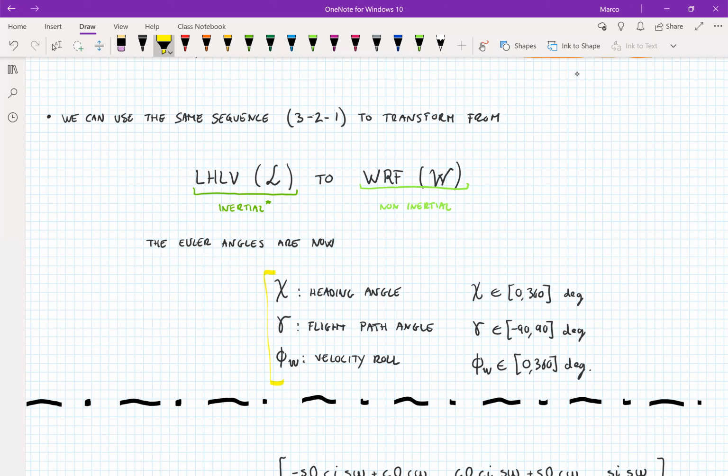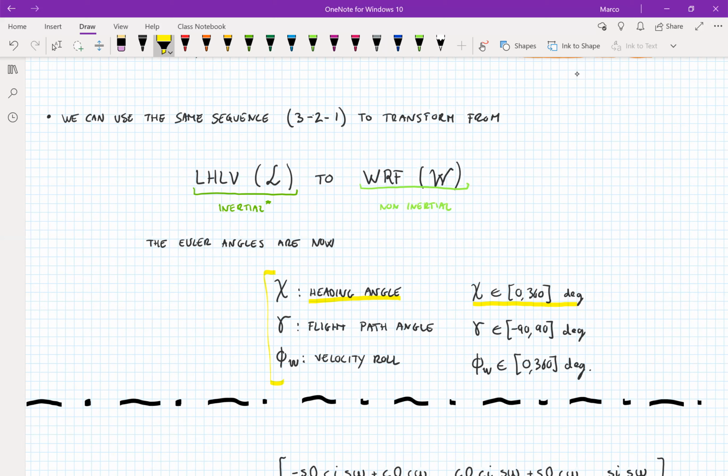In this case, the Euler angles are known with different names, and the symbols used are different. So we have chi, which is the heading angle, and that still goes from 0 through 360.